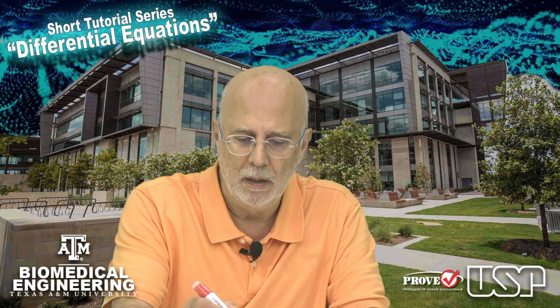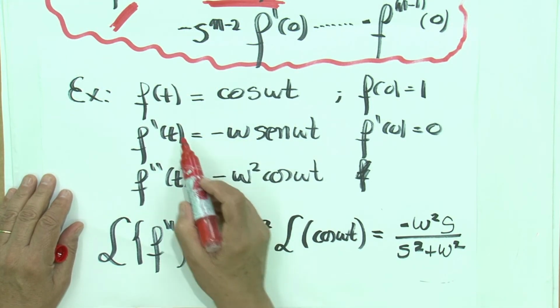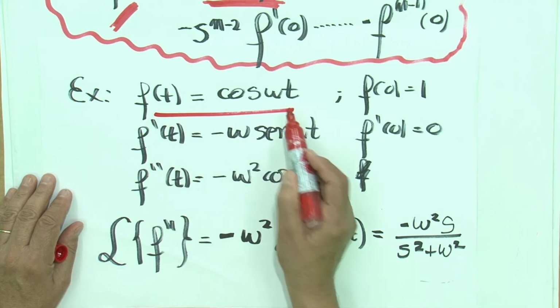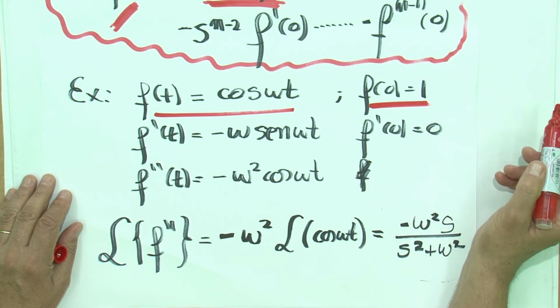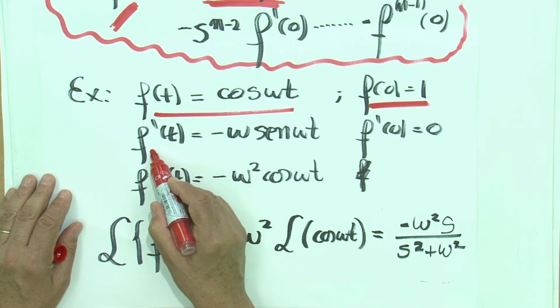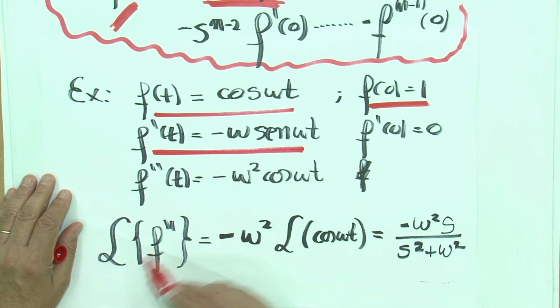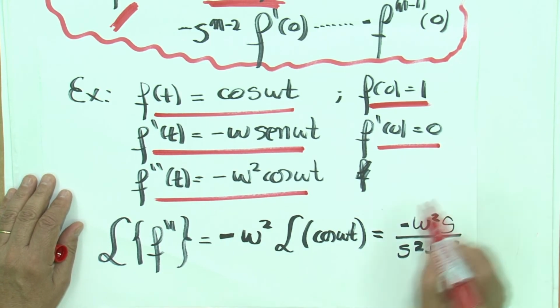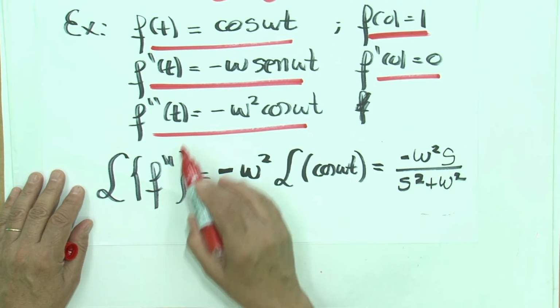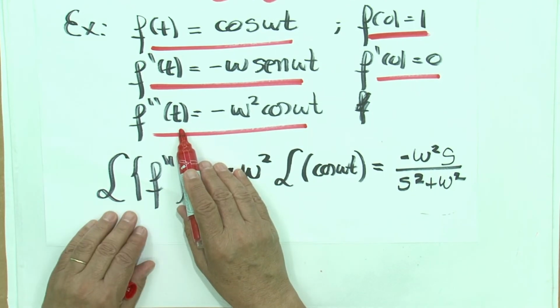Very good. Examples. If I have a function cosine and the initial value is 1, I know that the first derivative is this and the initial value is this. The second derivative is this. I could put in values, and then just for an example, I can take the second derivative.